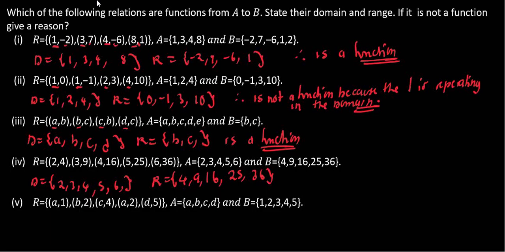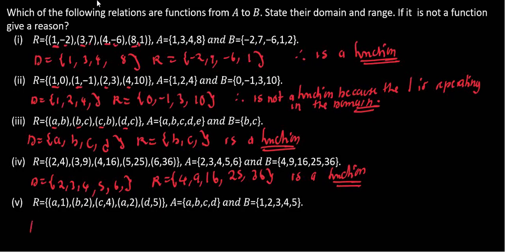No, because this is 2, 3, 4, 5, 6. So nothing is repeating. So you say it is a function, right? It's a function because there's nothing that's repeating in the x-axis. How about this part?